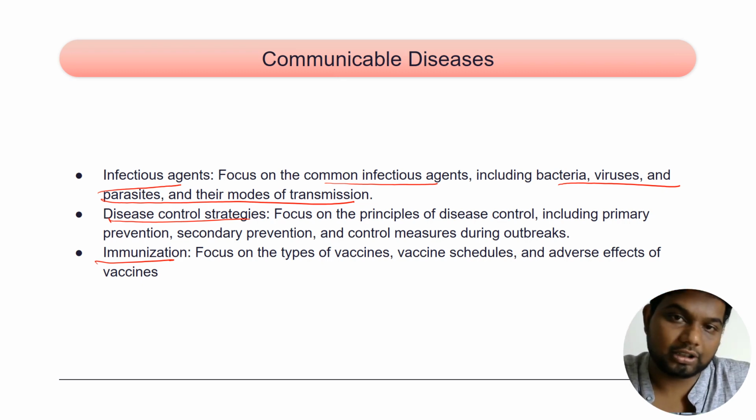So speaking about communicable diseases, what are the communicable diseases we have in our society, what organism is causing each, what preventive measures we can take to prevent them, what initiatives we have taken till now, how many diseases we have eliminated, and what the vaccination schedule is. Everything will be covered in this area.